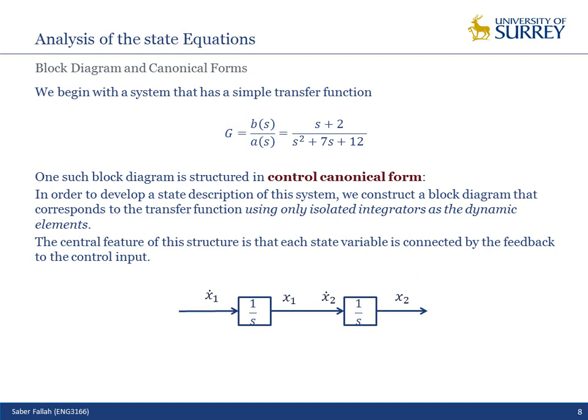Look, in reality, each of these states has a physical meaning. For example, in a dynamic system, x dot 1 is acceleration and x1 is velocity, x dot 2 is velocity, and x2 is displacement. And you can measure each of these states with a sensor.